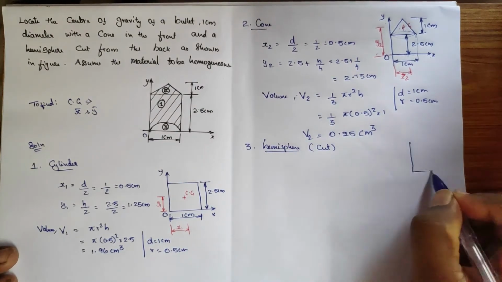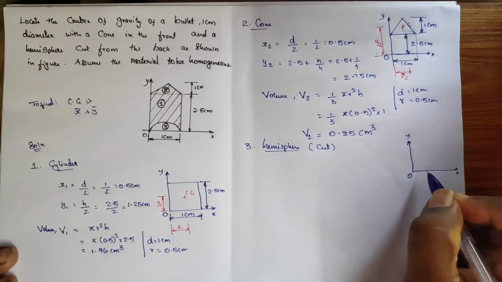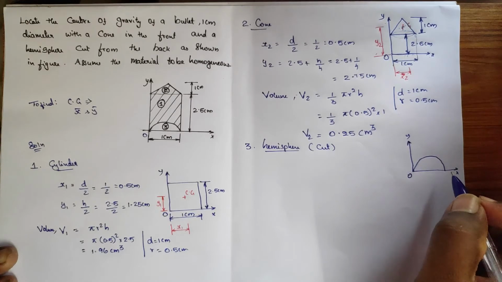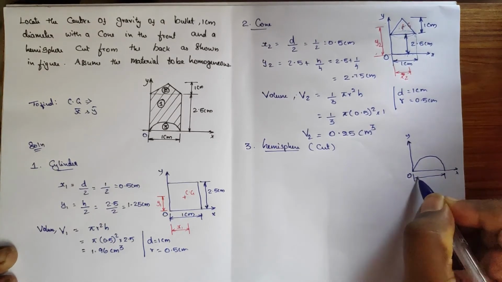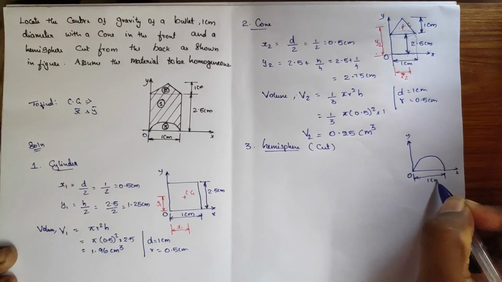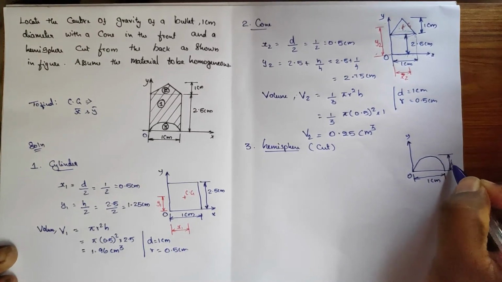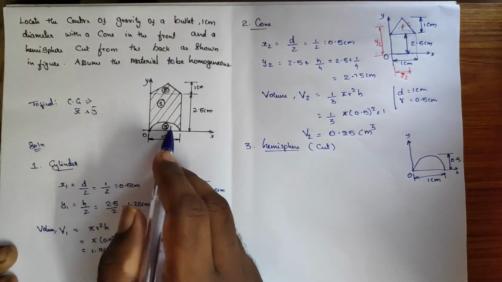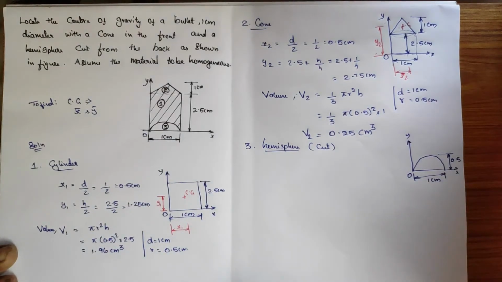So here if I draw it, x, y, and this is O, the hemisphere is something like this, right? And the diameter of the hemisphere is 1 centimeter. What would be the radius? 0.5. That we need to identify. We know the logic. 1 centimeter diameter means the radius will be 0.5.